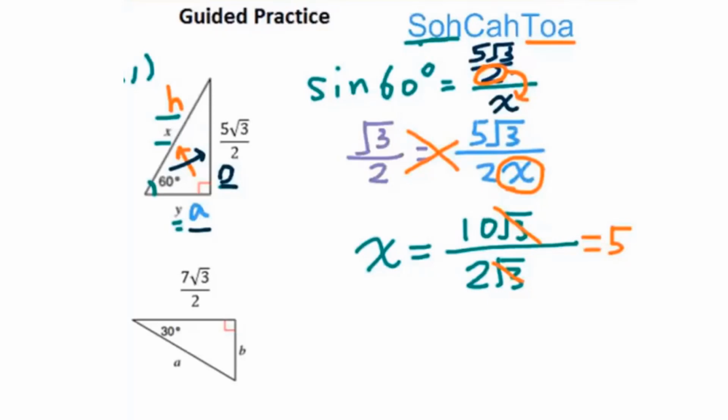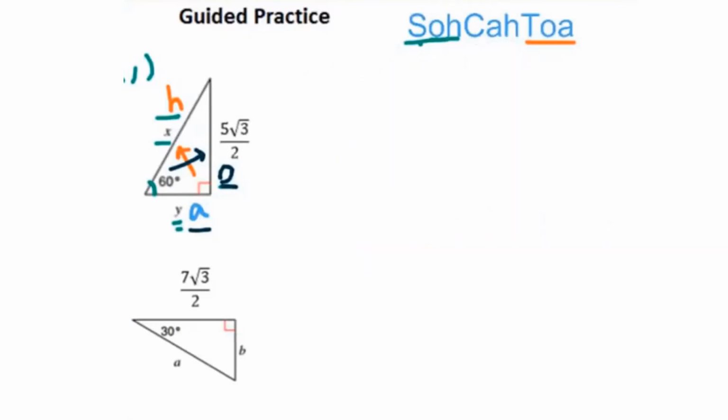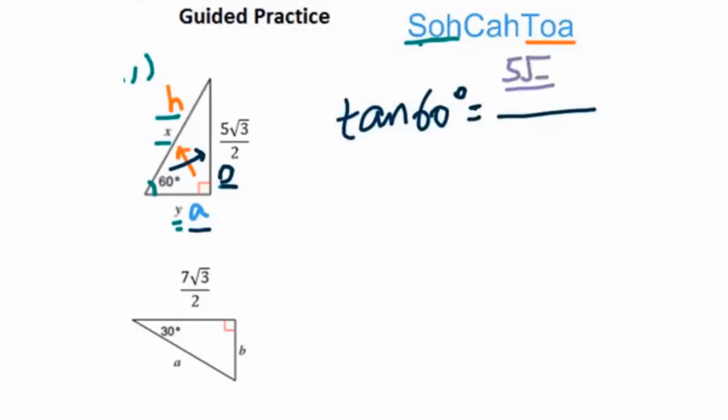So I set up my trig function like tangent 60 degrees equals opposite over adjacent side, which means 5 square root of 3 over 2, then over 1.